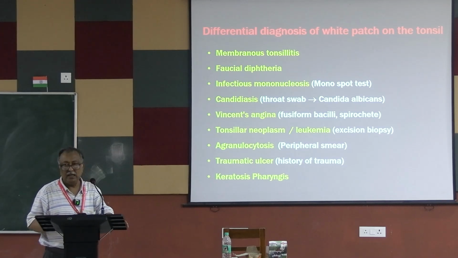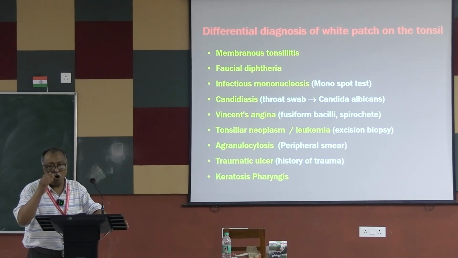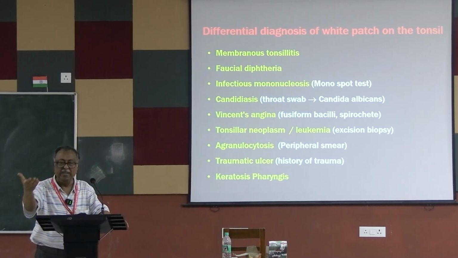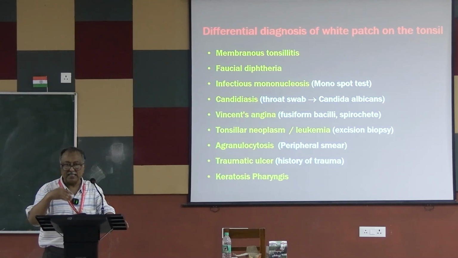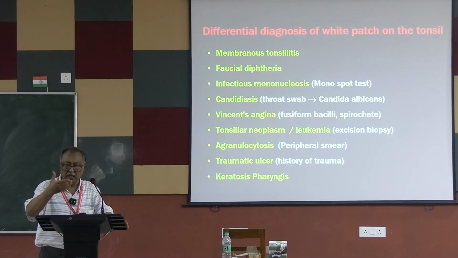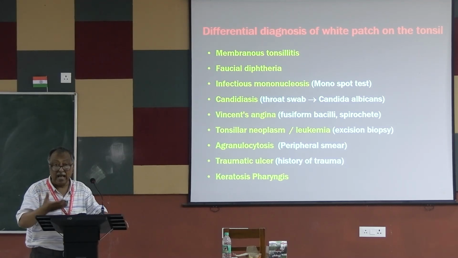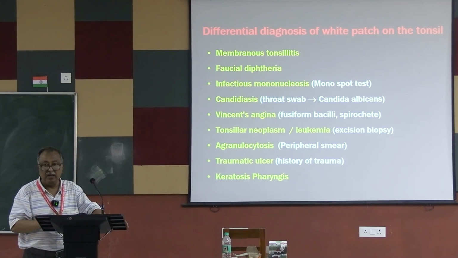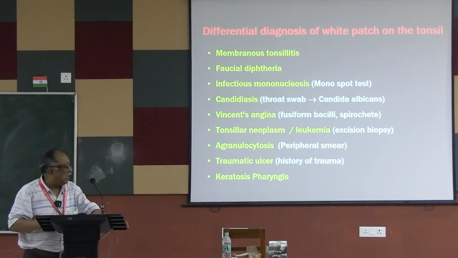And if you see, the membrane is not limited over the tonsil only. It is extended over the pillars. If you see the posterior corner of the nose, sometimes it is extended over the larynx, that is laryngeal diphtheria.